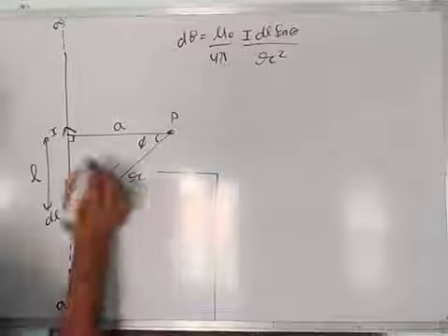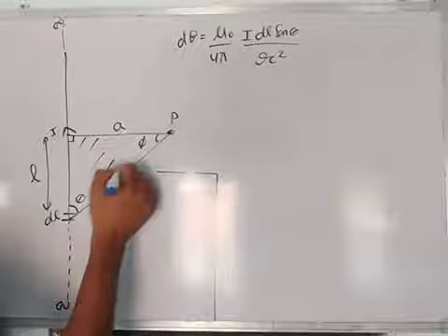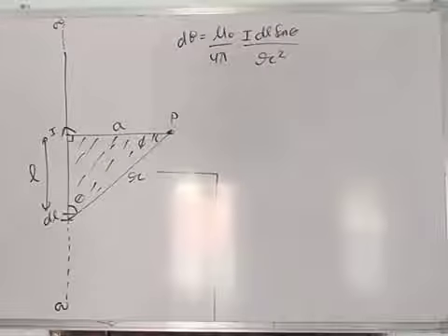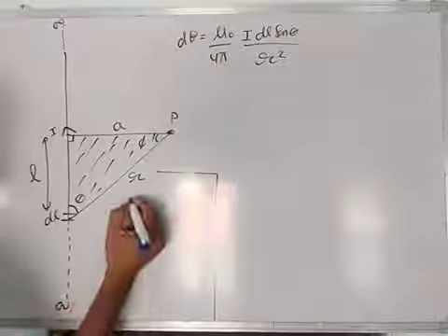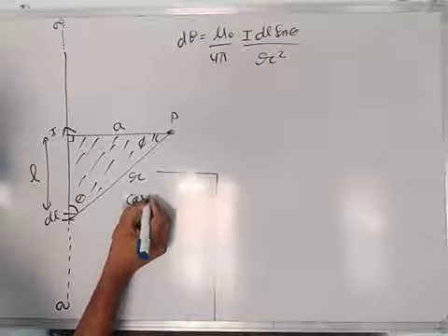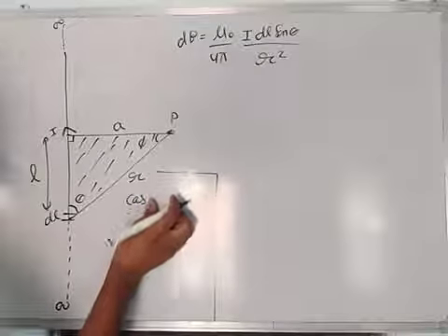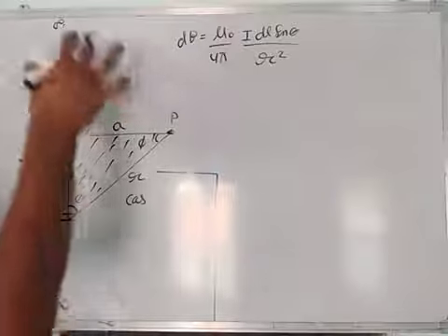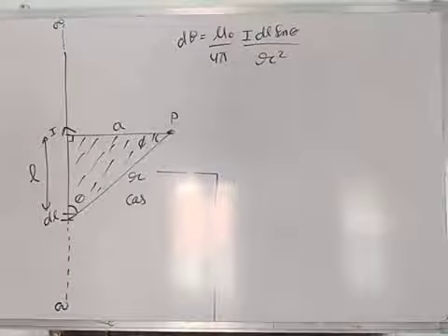Consider the given shaded triangle, cos theta. We will not use theta. For overall final result, we will use phi.